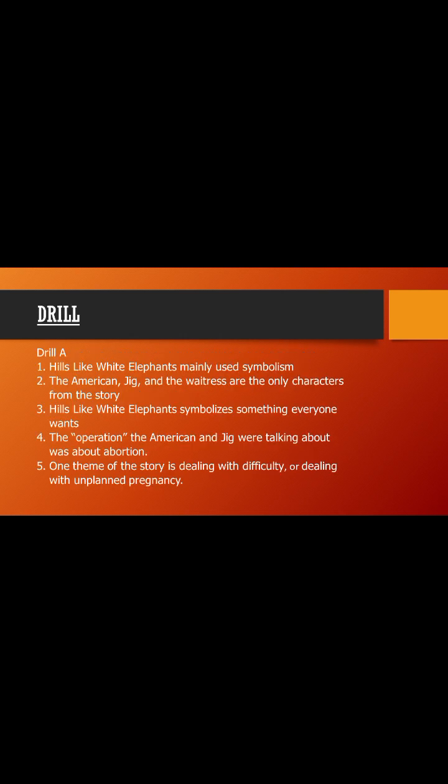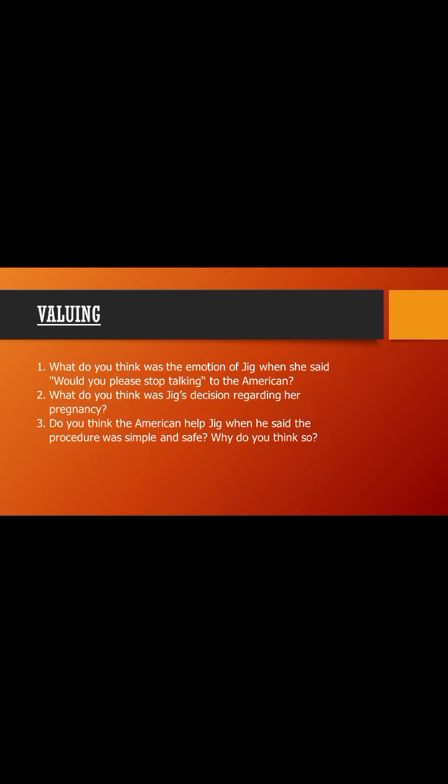Okay, if you would like to test your understanding of the short story Hills Like White Elephants, here are some statements, and you are going to tell if they are true or false. For the valuing part, there are three questions here, and you need to reflect on them.